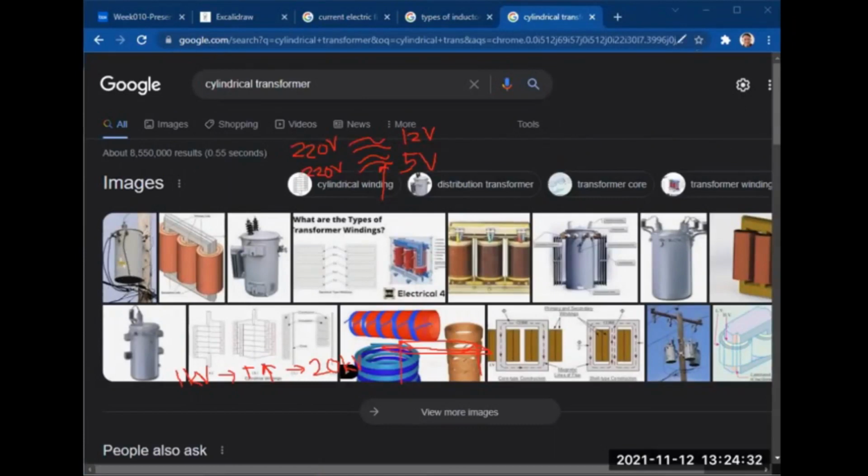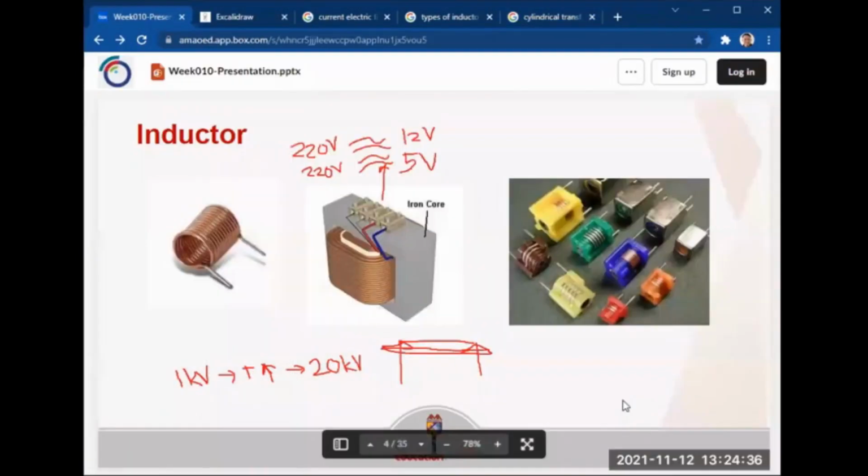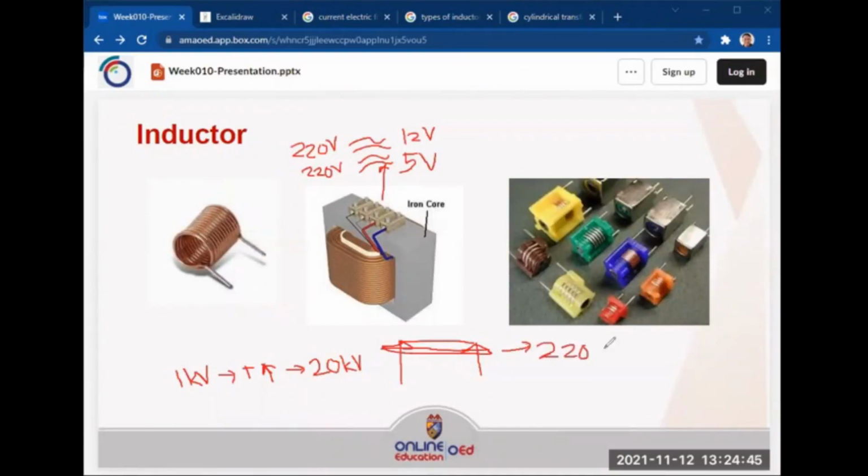Okay. So the purpose of that is to step down this 20 kilovolts to 220 volts. Okay, that will go to our houses. That's the use of transformers in power distribution.